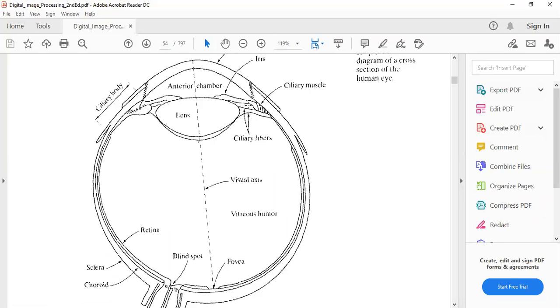For example, if you are seeing a long distance image and suddenly I give you a book, the eye will make some adjustment to see the letters in the notebook. Those adjustments will be done by the iris muscle. The iris muscle is responsible for contraction and expansion of the lens.